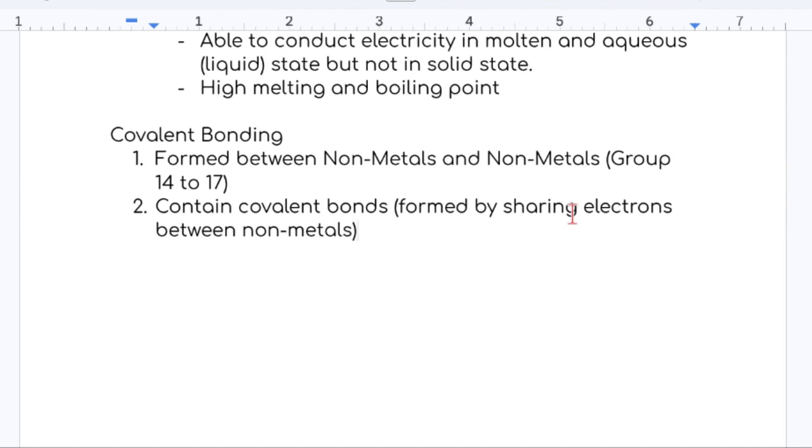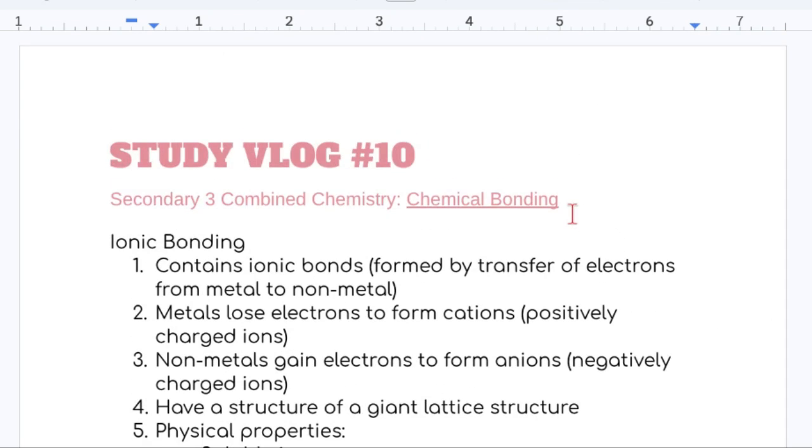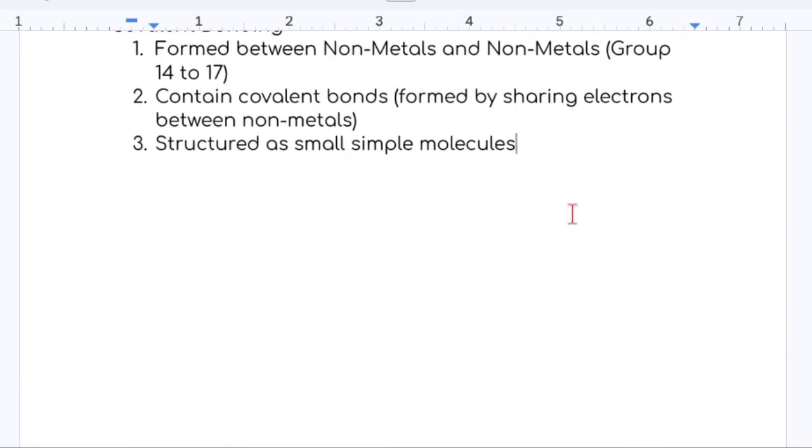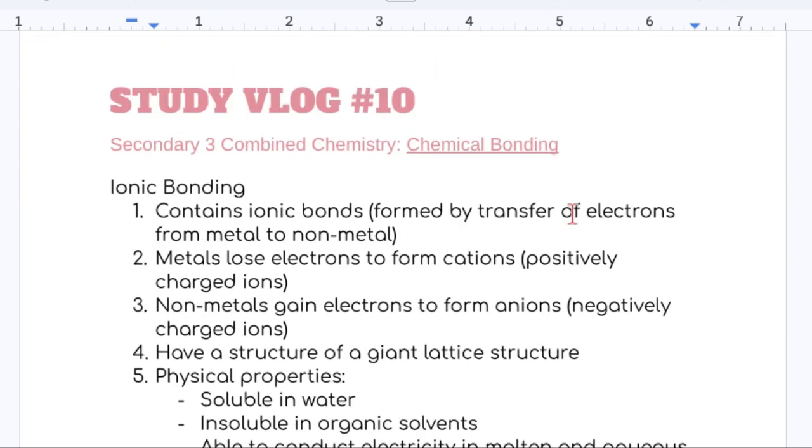I'll go through this later, or maybe in another video. Number three, its structure is small, simple molecules instead of a giant lattice structure like ionic bonding has. Covalent bonding only has small, simple molecules.